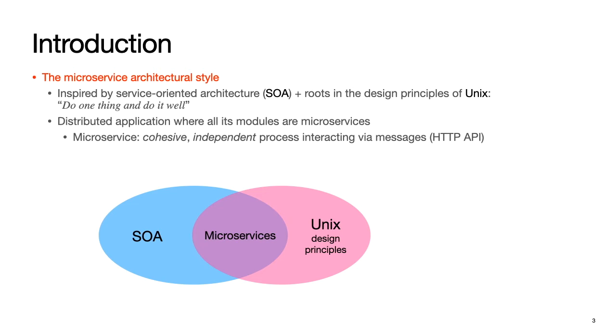If we apply microservices in a good way, these lead to huge benefits like modularity, maintainability, scalability, and so on and so forth. I'm not going to spend time discussing these benefits.